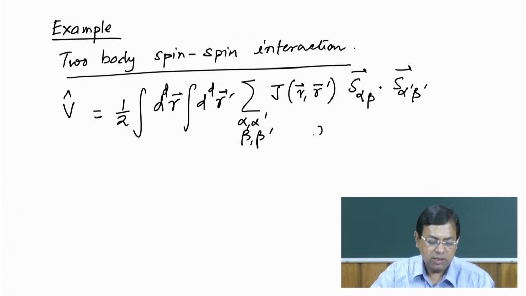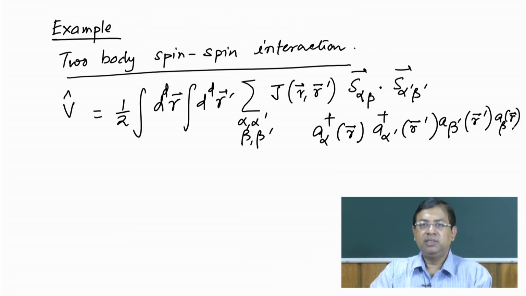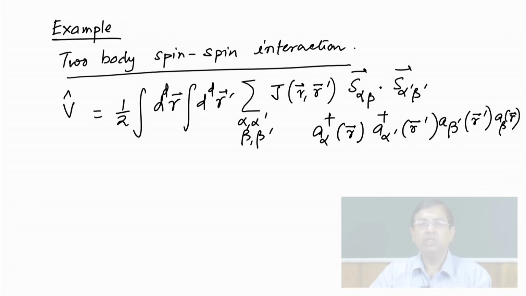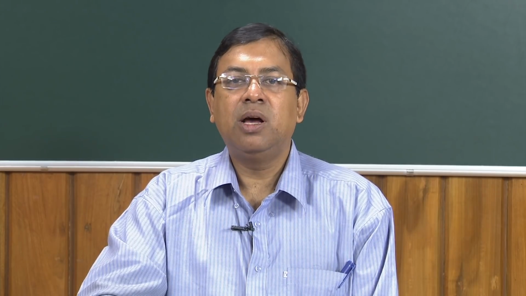And now I will write the operators: a alpha dagger r and a alpha prime dagger r prime, and I also have a beta prime r prime and a beta r. So, this is a typical example of a two body interaction for a spin system where two spins are interacting via a potential which is given like this. We will get into more examples later.